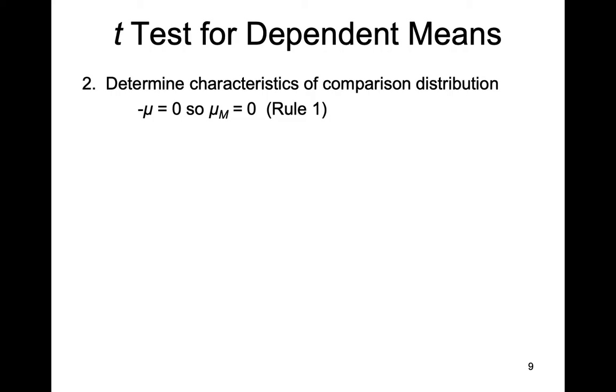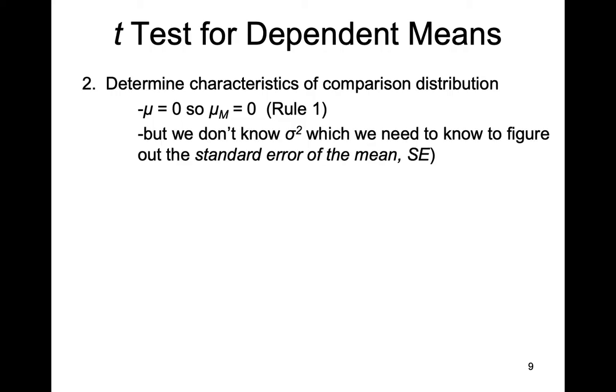And so that means 0 change. So the population mean in the comparison population, the population associated with the null hypothesis, is always going to be 0. And if that's true, then we know that the mean of the distribution of means will also be 0, following rule 1 that comes from the central limit theorem.